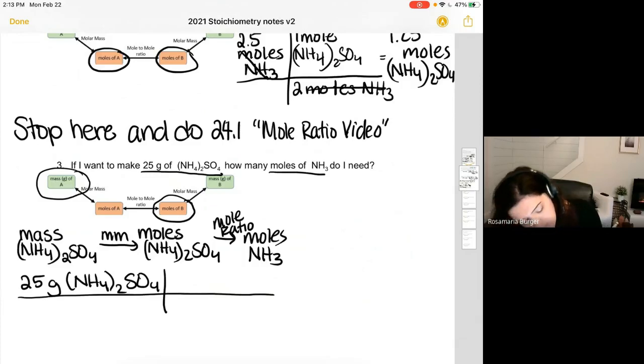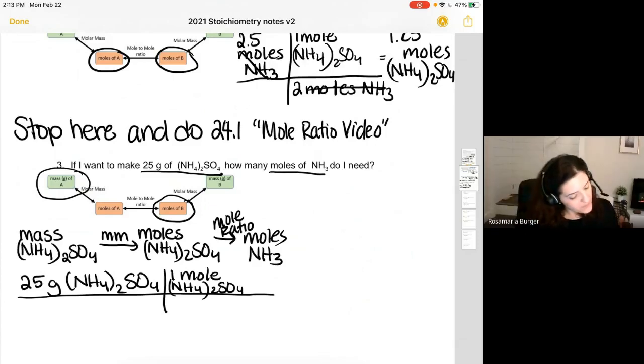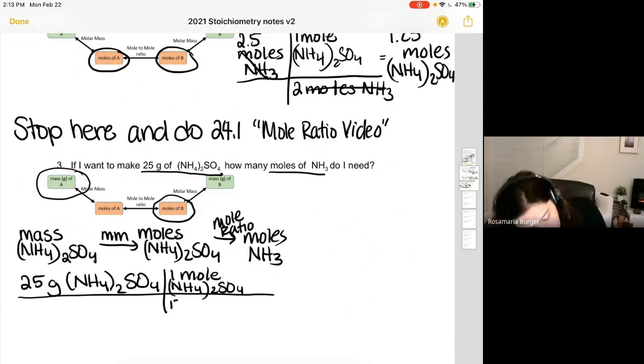Okay. And I have to use its molar mass to get me the number of moles. Well, in 1 mole of (NH4)2SO4, I'd written it up on another page, but I have it here. It's 132. I had already gotten these molar masses calculated for us.